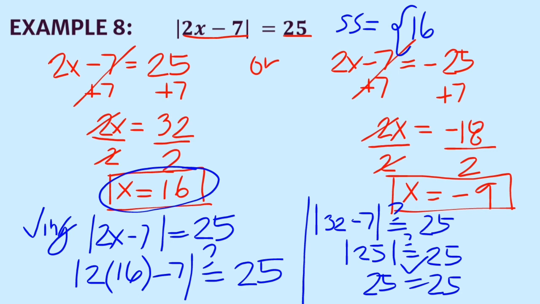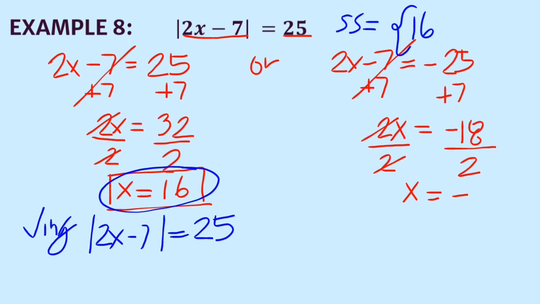Now, let's check if our negative 9 here is also our solution. Okay, let's do some checking again. Let's substitute. Oh, I erased negative 9. Okay, let's substitute negative 9 on our original equation. 2 times negative 9 minus 7.